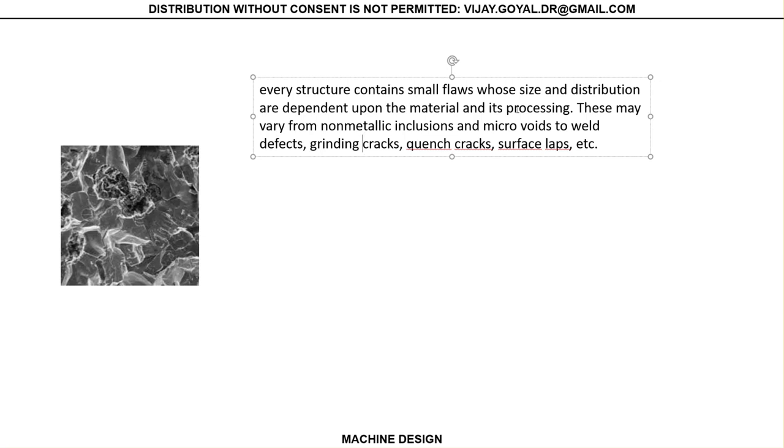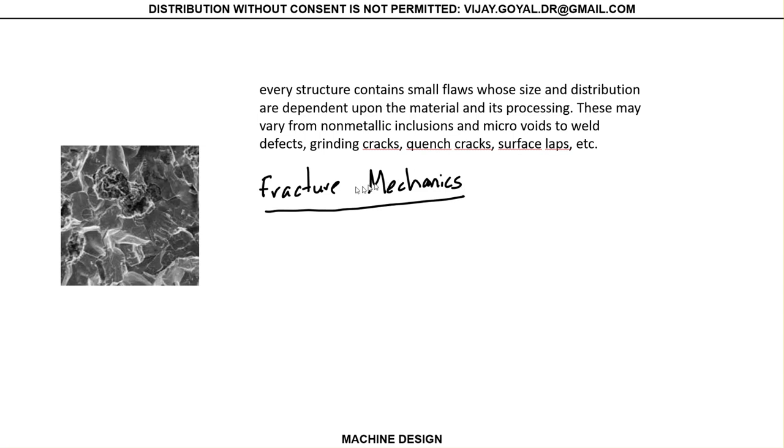It can be as small as microscopic, and it can be due to many reasons. The whole idea of studying fracture mechanics is the following. The field of fracture mechanics is responsible for studying cracks and how cracks propagate. It is nothing else than a study of cracks or crack propagation.